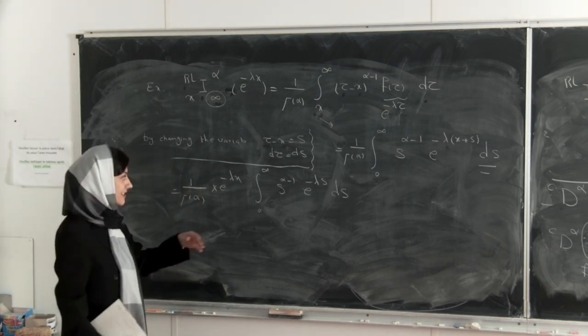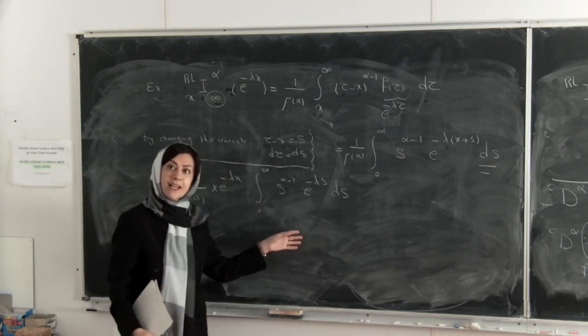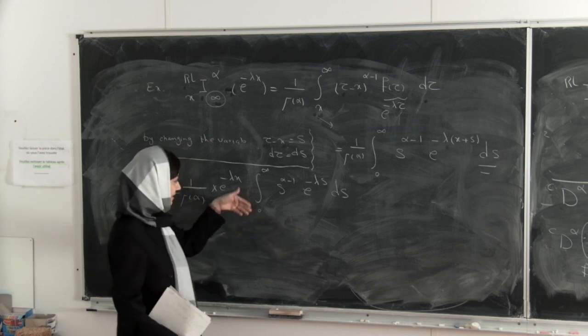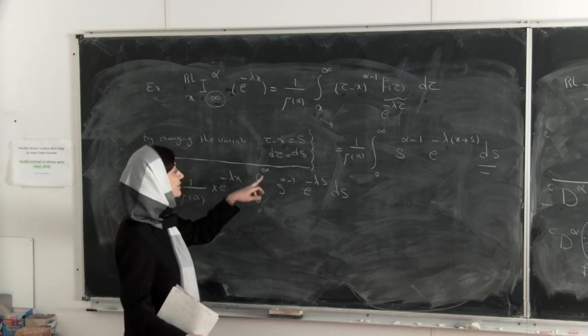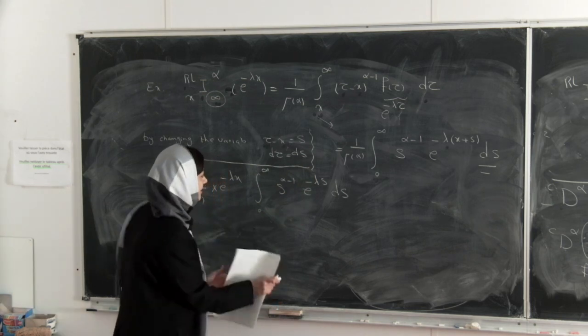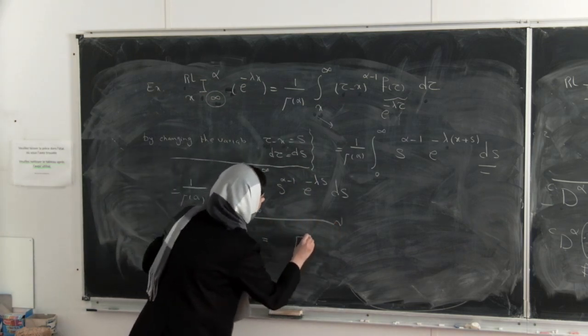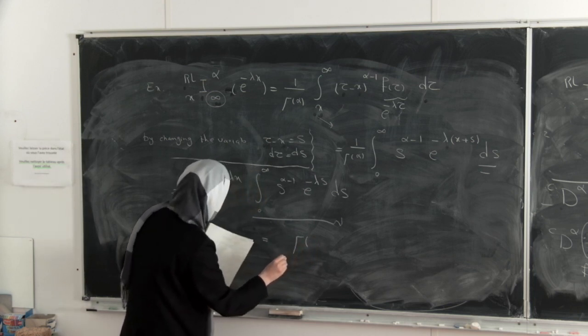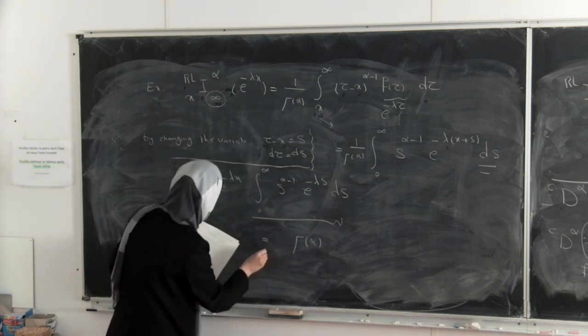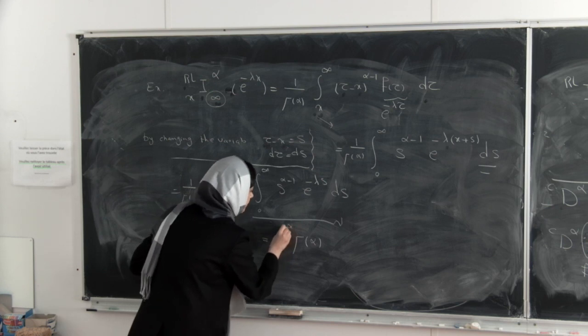And you can guess we want to use the definition of the gamma function. We have here integral 0 to infinity, and here is like the gamma function, and it equals gamma of alpha times lambda to the minus alpha.